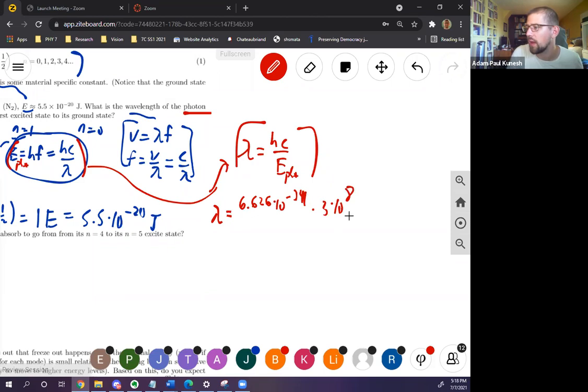And this will be all in SI units, so what will come out will be in terms of meters. And this one, the energy of a photon, 5.5 times 10 to the negative 20th joules. Whew. All right, I'll race you. Who can do the calculation fastest?